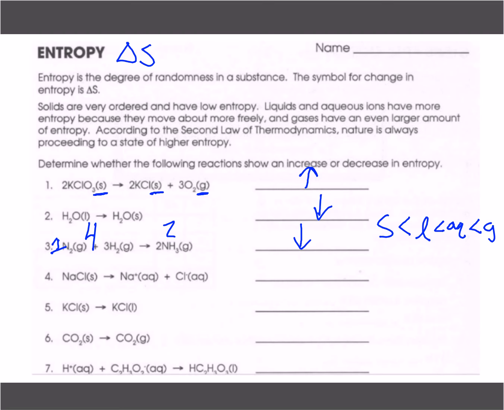So, long story to get us back to right here with number 4. We go from a solid to aqueous. What's happening with my entropy? It's increasing. Number 5, solid to liquid is going to increase. Number 6, solid to gas, increase. Now, side note, a little review. What is it called when you go directly from a solid to a gas?